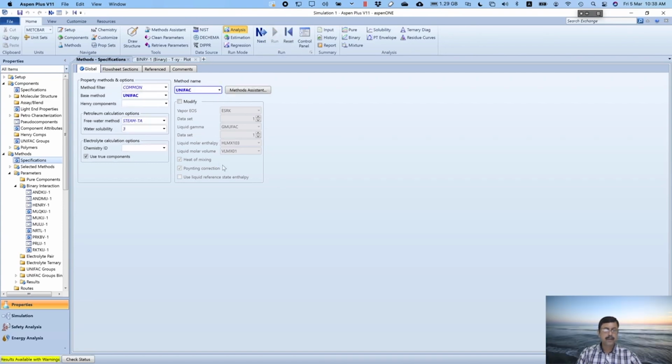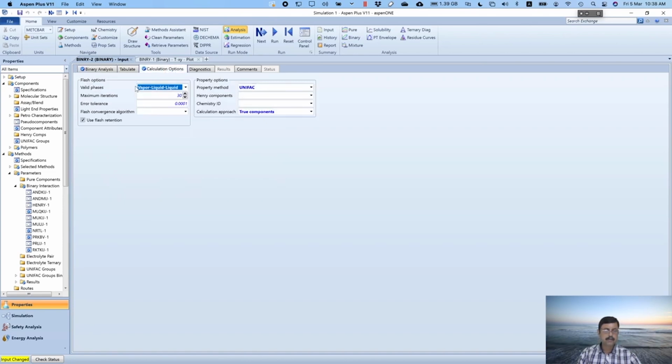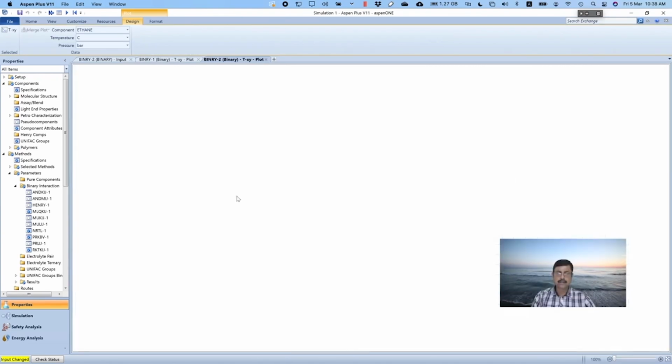Then go to the binary method, ethane, pentane, the calculation option will be UNIFAC, valid phases vapor, liquid, liquid, run analysis. So this is the second one, ethane and pentane.